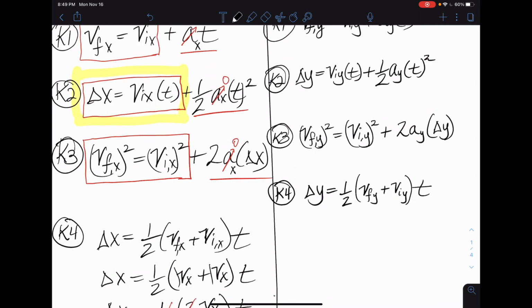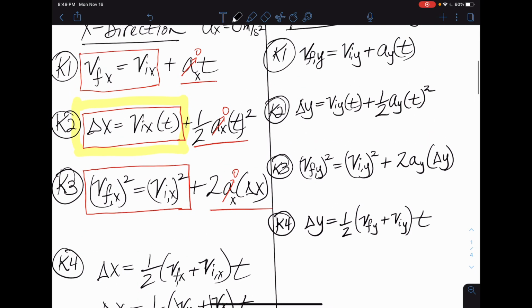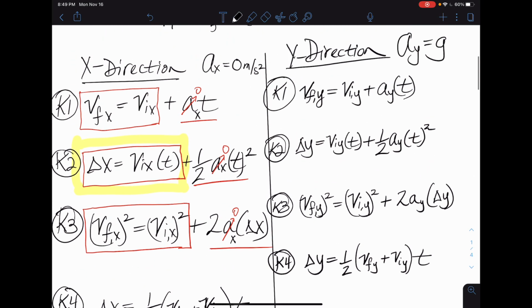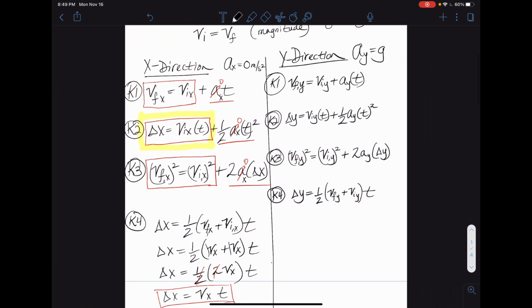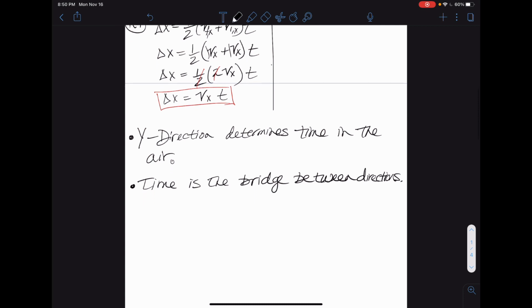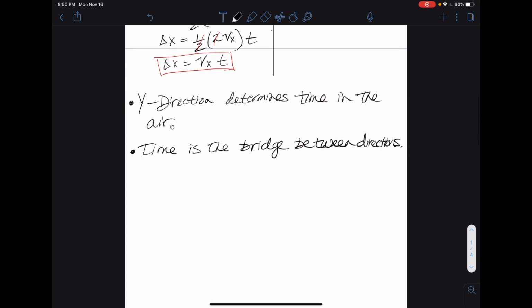Okay. So in the y direction, our formulas actually look the worst they've ever looked, but we're going to have to use them, and it's not going to be too bad. All right. Anything I can add there in the y direction? Not really, right?